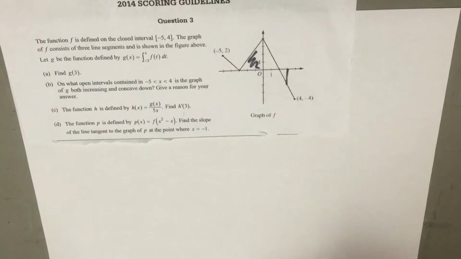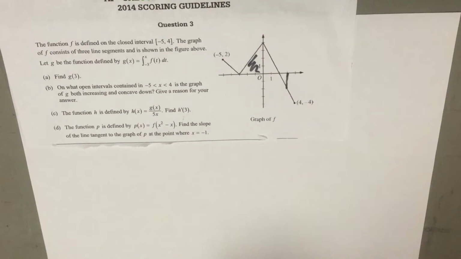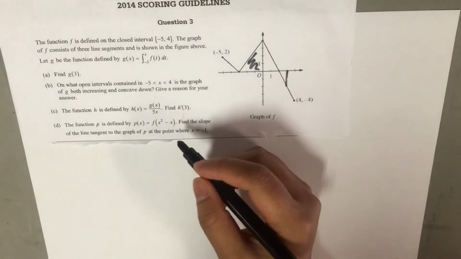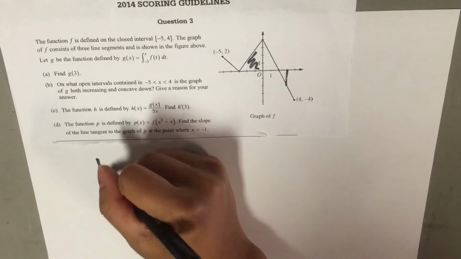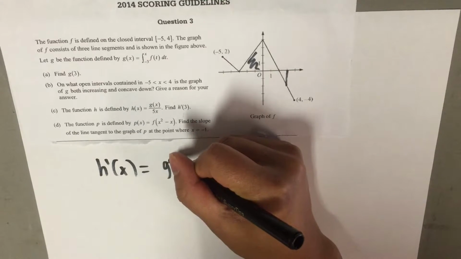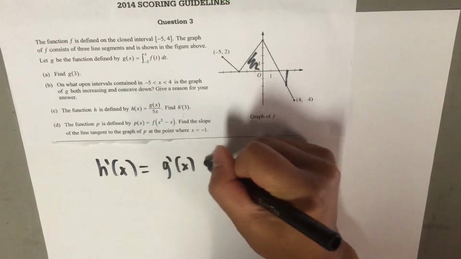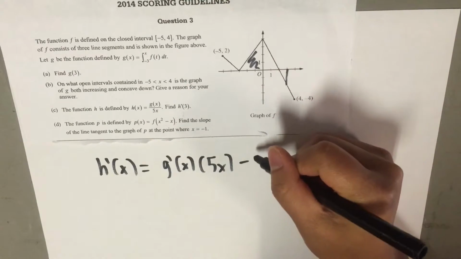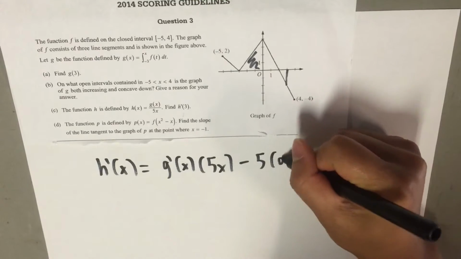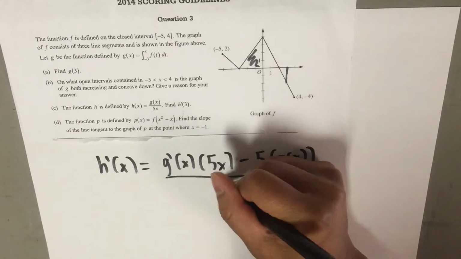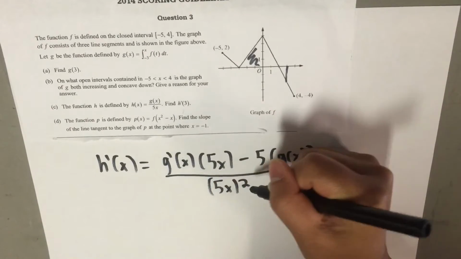So for C, the function h is defined by h of x equals g of x over 5x. Find h prime of 3. So the first thing we want to do is differentiate h of x. So h prime of x equals the derivative of g of x times 5x minus the derivative of 5x, which is 5, times g of x, all over 5x squared.